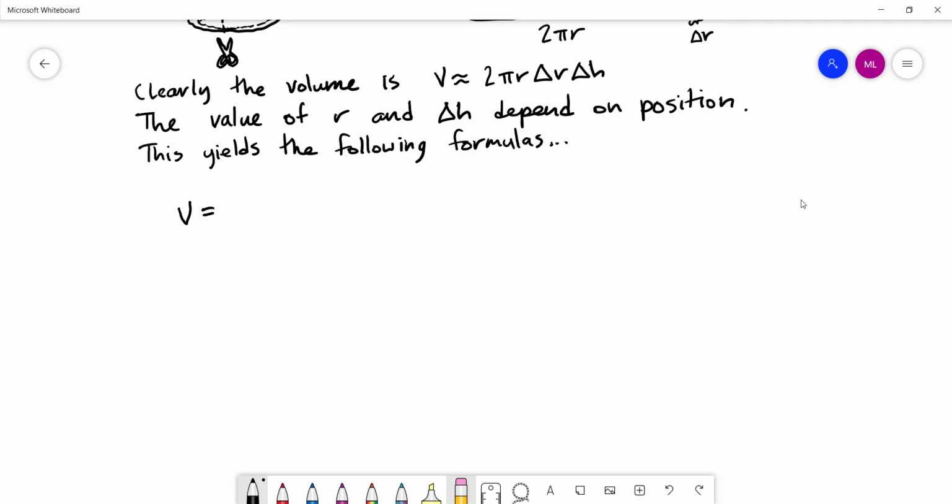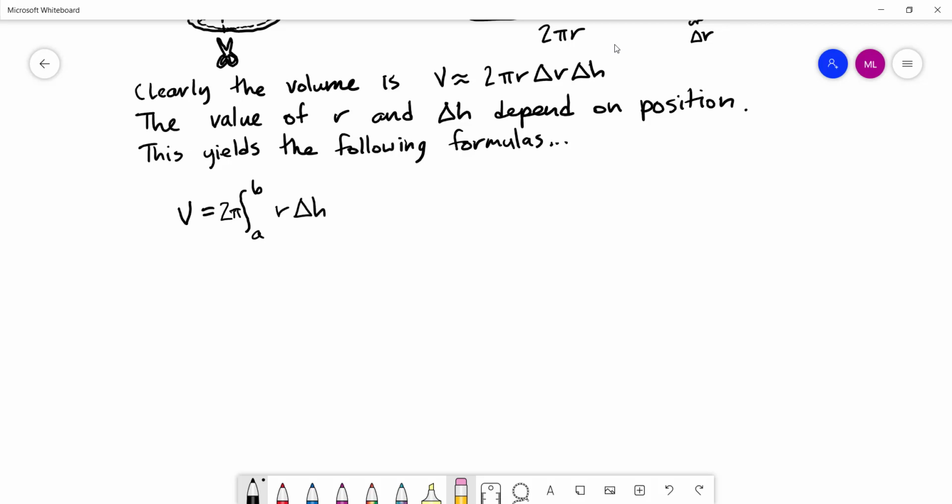But I'm basically just going to integrate a bunch of these volumes, add them all up. So we're going to integrate from some starting point to some ending point. And we're going to integrate, I'll pull the 2 pi out because it's a constant. And inside we'll have the R and the delta H.